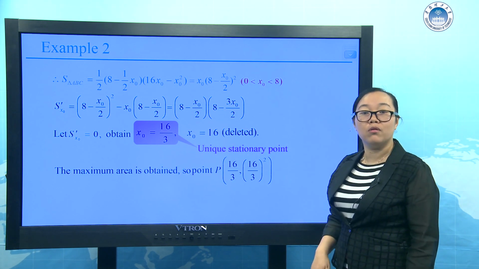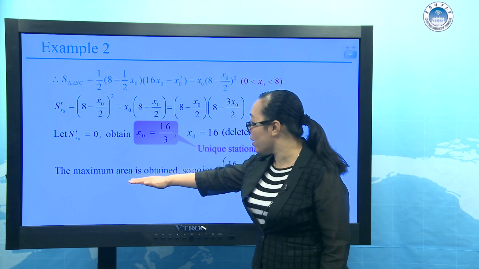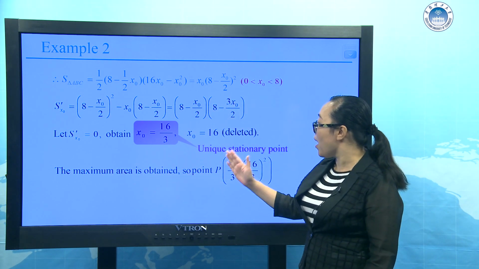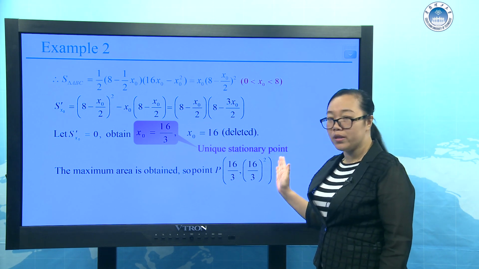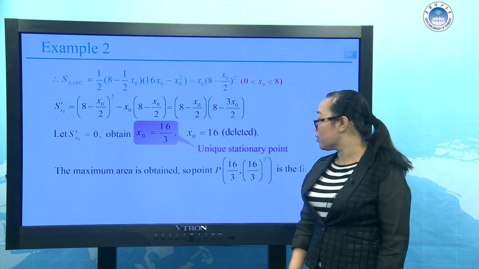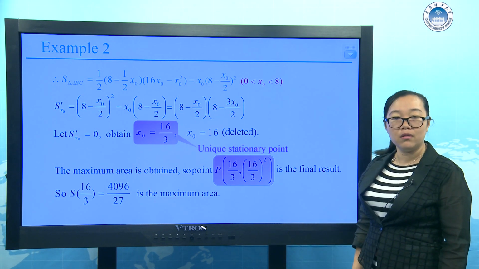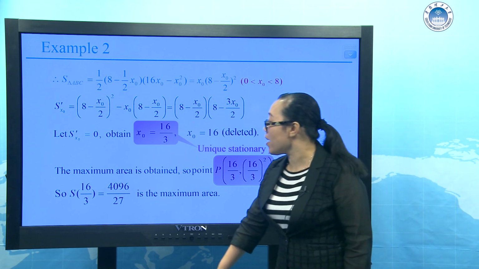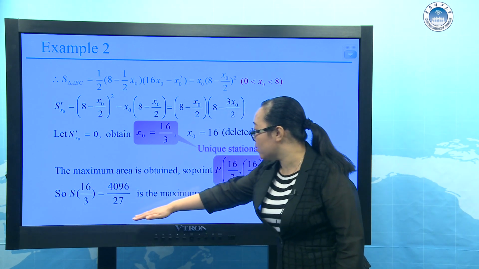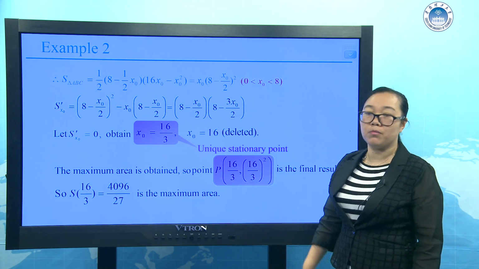In a practical problem, the corresponding maximum area is obtained at the unique stationary point. So the point P is the final result, and the corresponding value S is our desired maximum area.